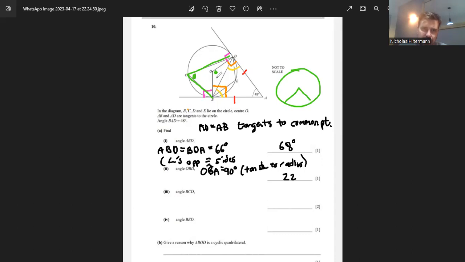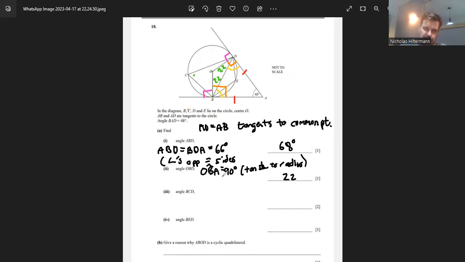Well, that's easy because I know that OBD was 22. Because I know that this is 22, this one will also be 22 because it's the same, right? I did orange minus yellow to get this one, and it was 22. And so I could get BOD because OB and OD are the radius, those are equal lines, so these will both be 22.